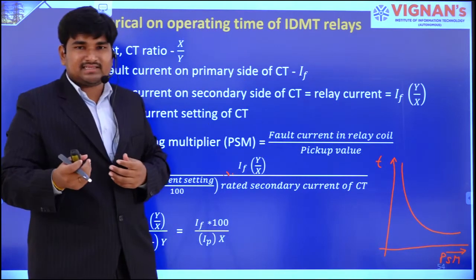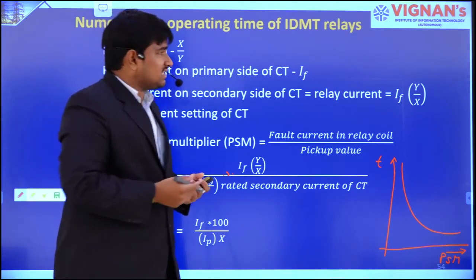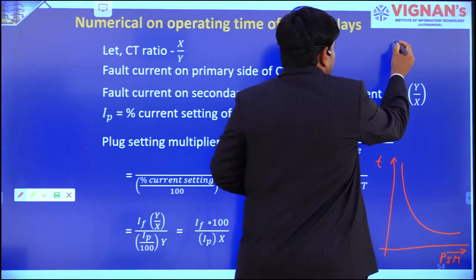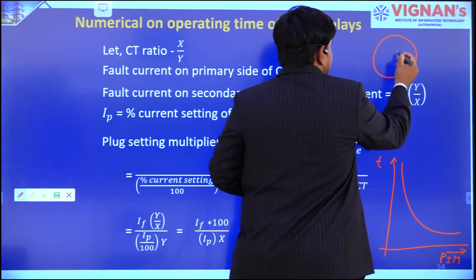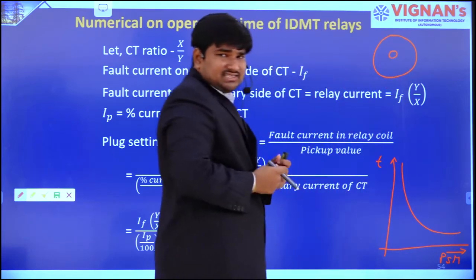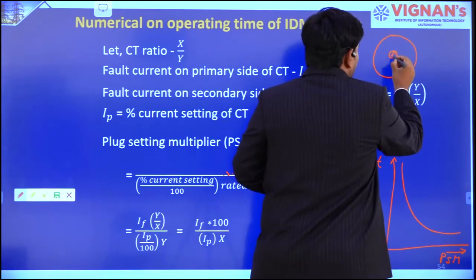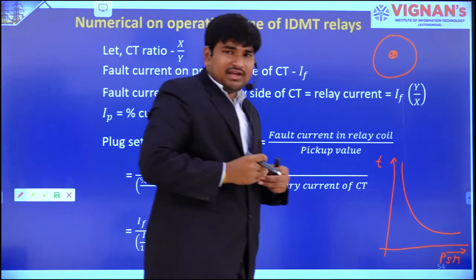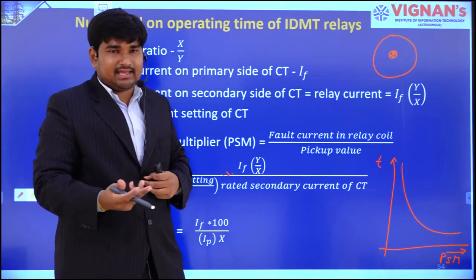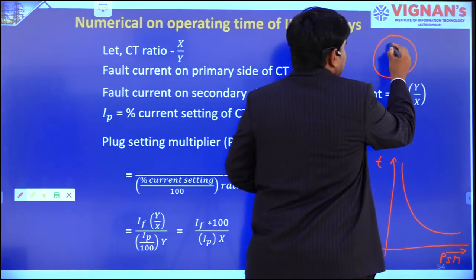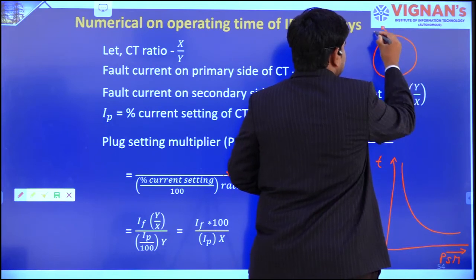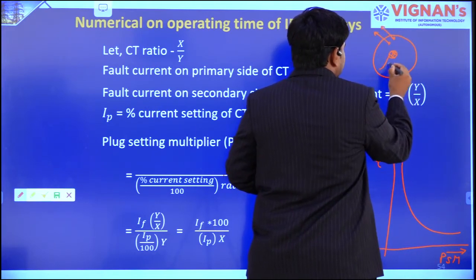What is the time multiplier setting? Previously I have discussed it. We have a disk, and a spindle is connected to the disk. If I want to provide any delay, these are the fixed contacts, and this is the moving contact.